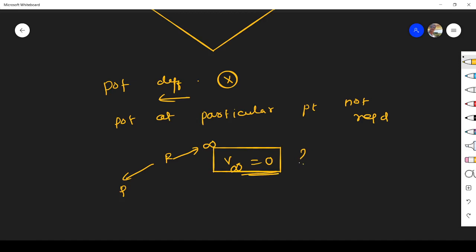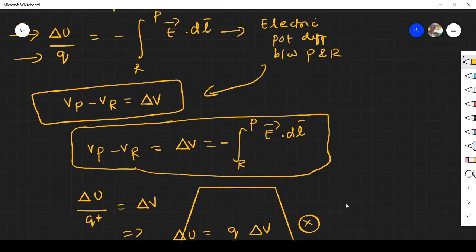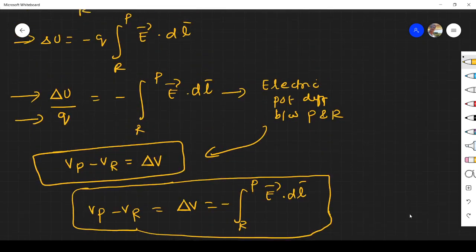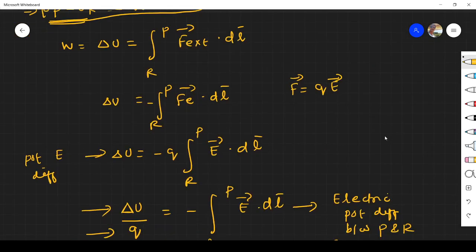So far we studied what potential difference is. Potential difference is nothing but work done to move a charge from one point to another point.